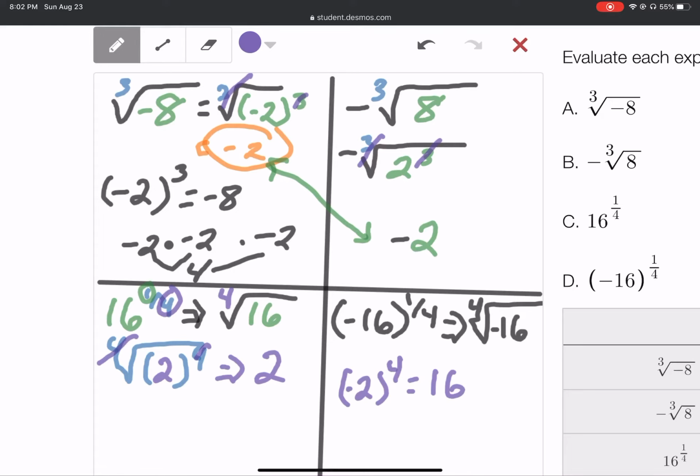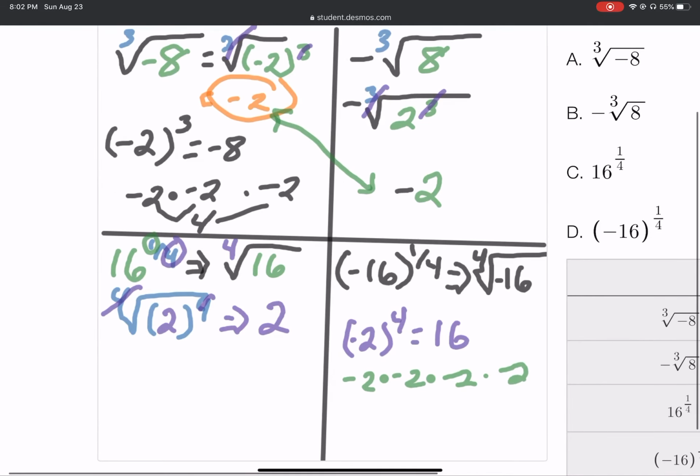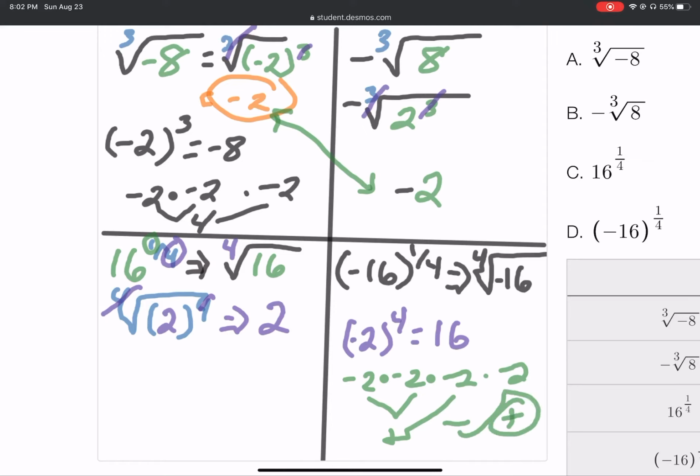Now, this is also not true because if I do negative 2 times negative 2 times negative 2 times a negative 2, negative times a negative is positive, positive times a negative is negative, and a negative times a negative will give us a final positive.